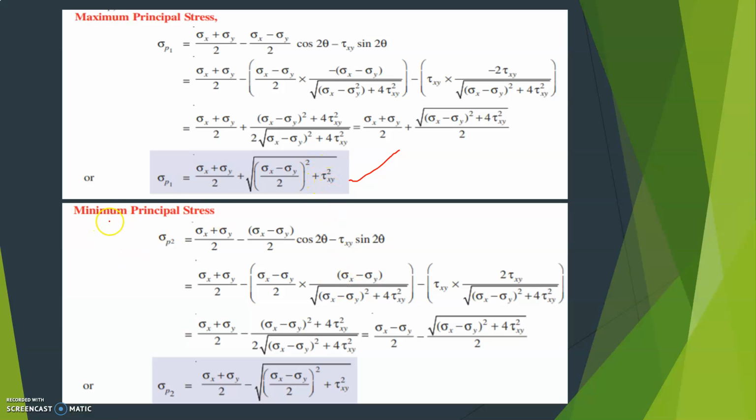Similarly, the minimum principal stress is given by sigma P2 equal to (sigma x plus sigma y) divided by 2, minus the square root of ((sigma x minus sigma y) divided by 2) whole square plus tau square xy. This final equation you remember.